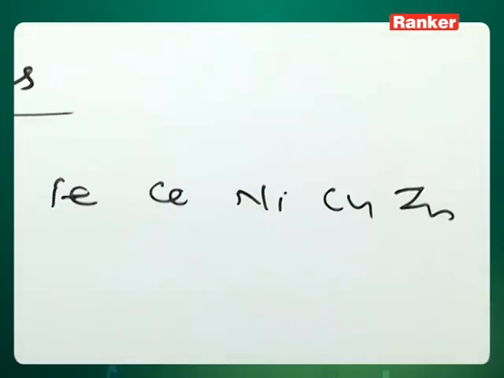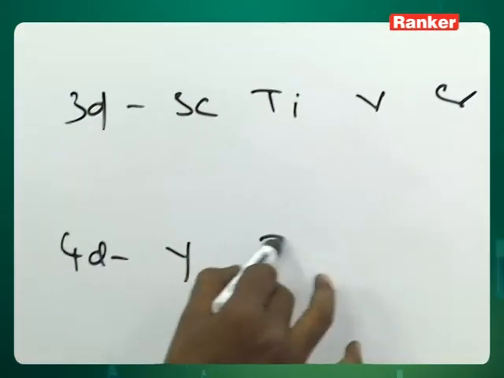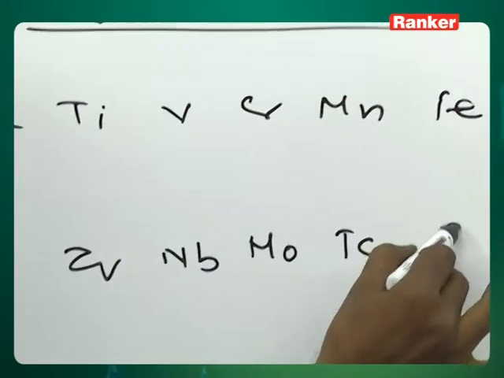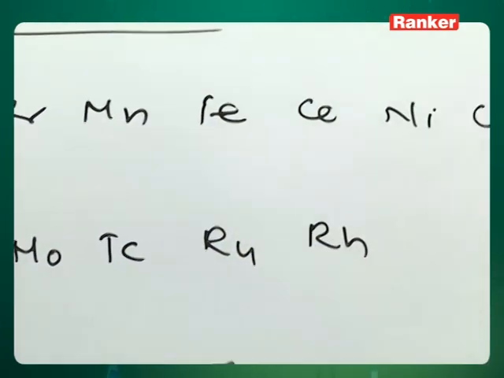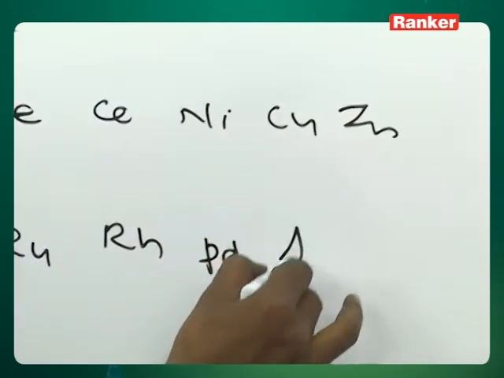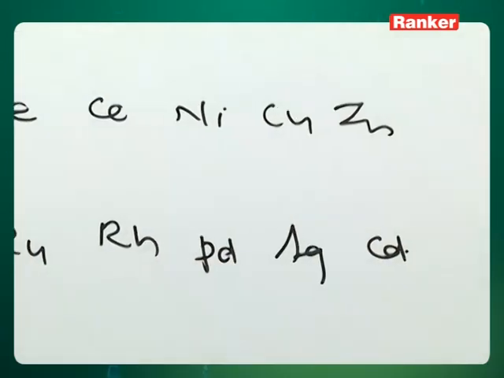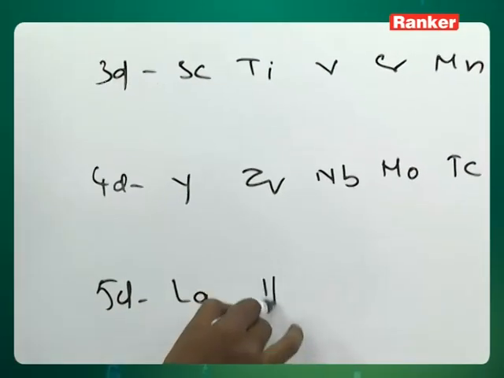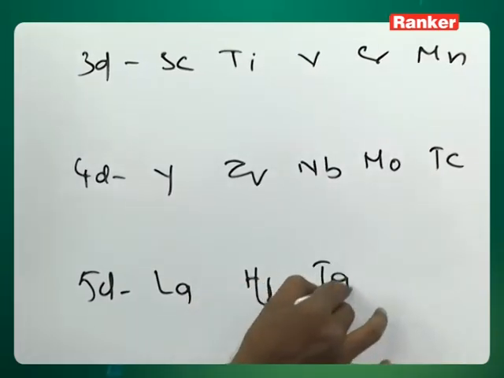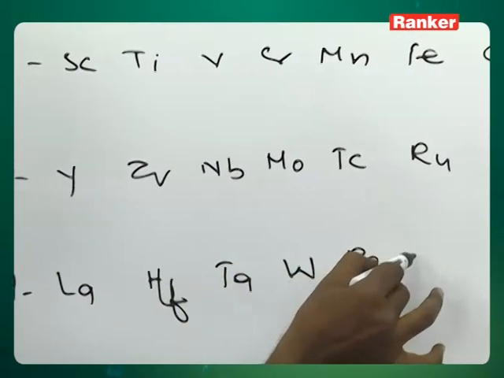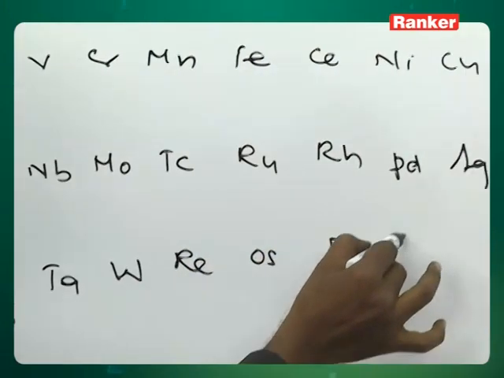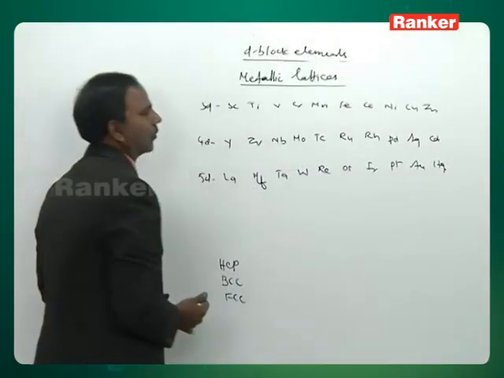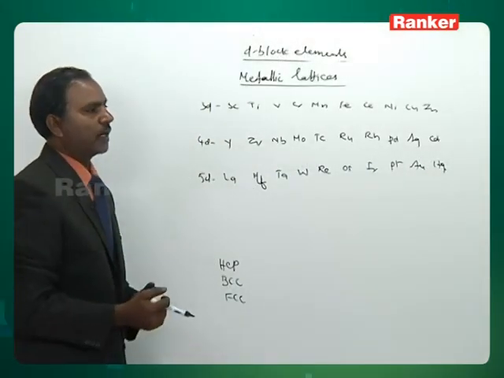The 4d series: yttrium, zirconium, niobium, molybdenum, technetium, ruthenium, rhodium, palladium, silver, cadmium. The 5d series: lanthanum, hafnium, tantalum, tungsten, rhenium, osmium, iridium, platinum, Au, Hg.